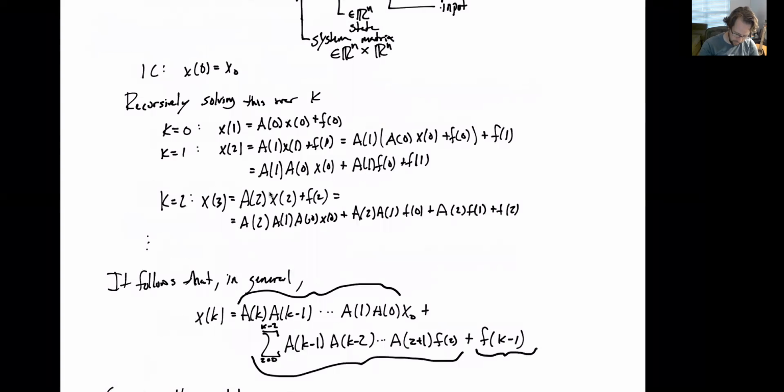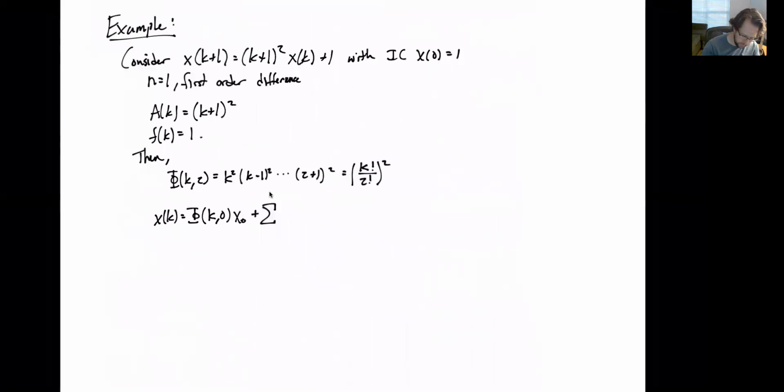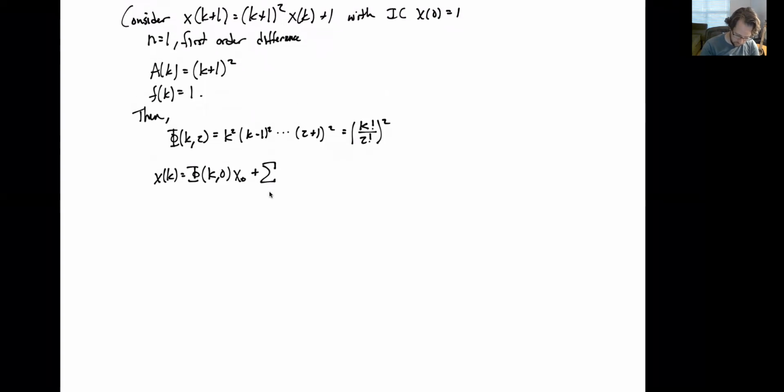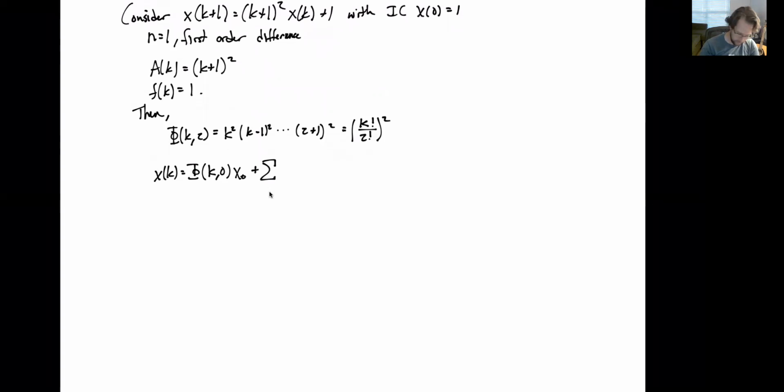Let me just remind myself over here. Oh, I have it written here. The sum of phi of k, tau plus 1 times the forcing function at tau, from tau equal to 0 to k minus 1.